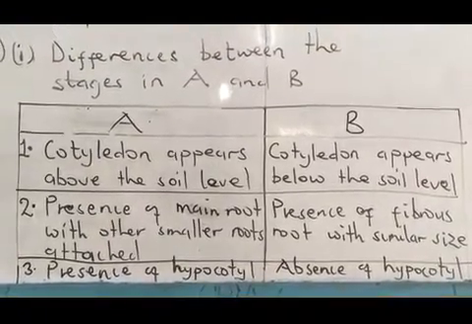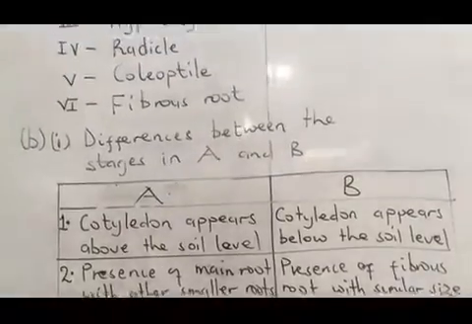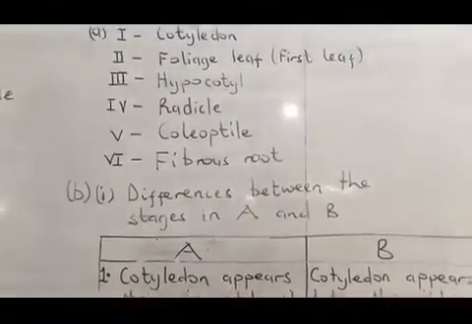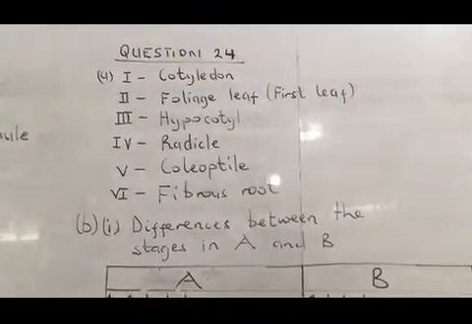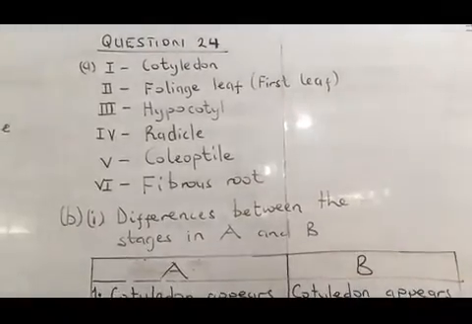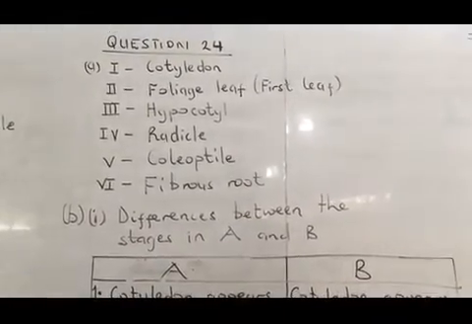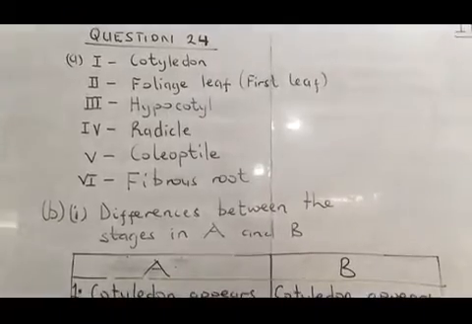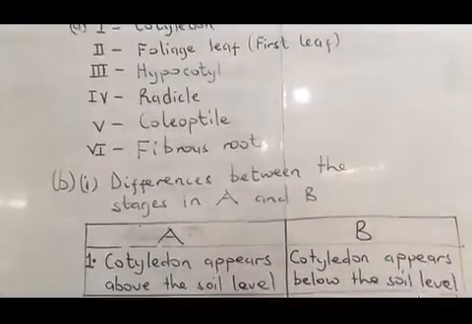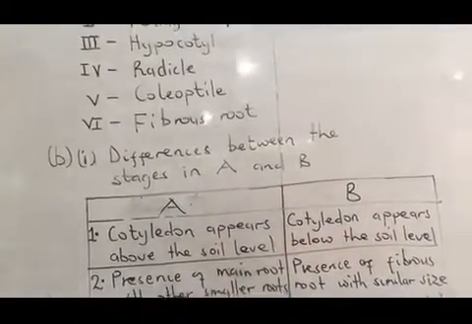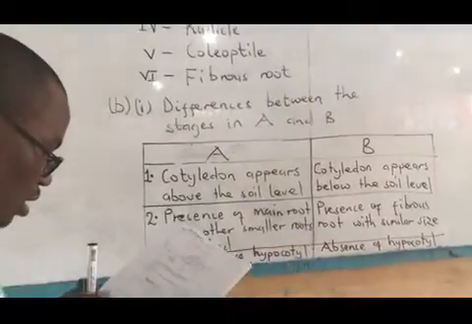So one is appearance of cotyledon above the soil level in A, and the appearance of cotyledon below the soil level in B. The A consists of a main root or the tap root with other smaller roots attached.